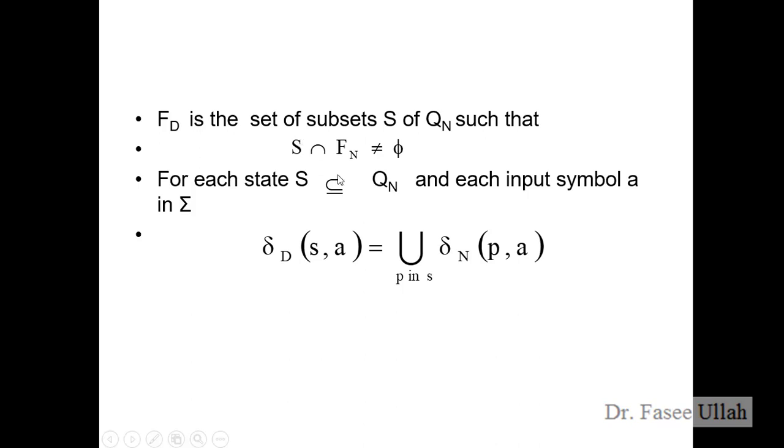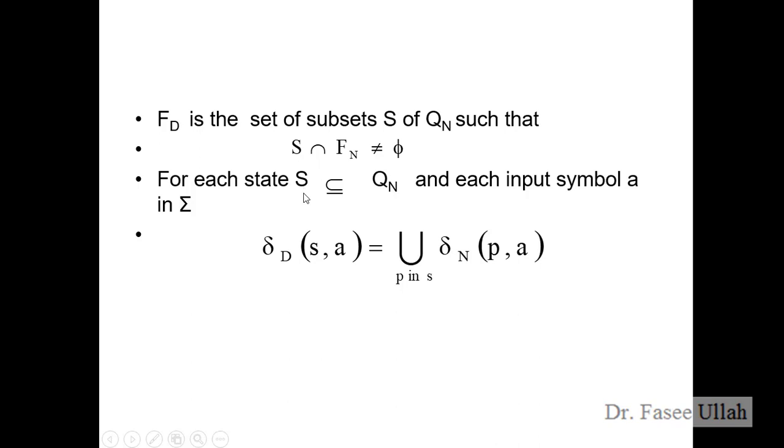For example, we have 10 values and we have selected value number 3. So S is equal to 3 and F of N is 1 to 10 values. So the S value is inside F of N, so the intersection will not be equal to empty. That's why they just said it is not equal to empty.